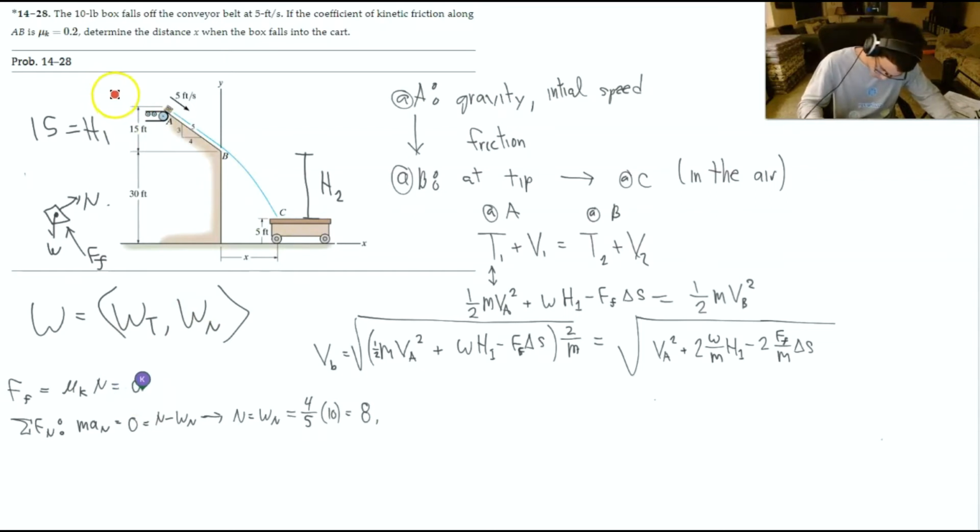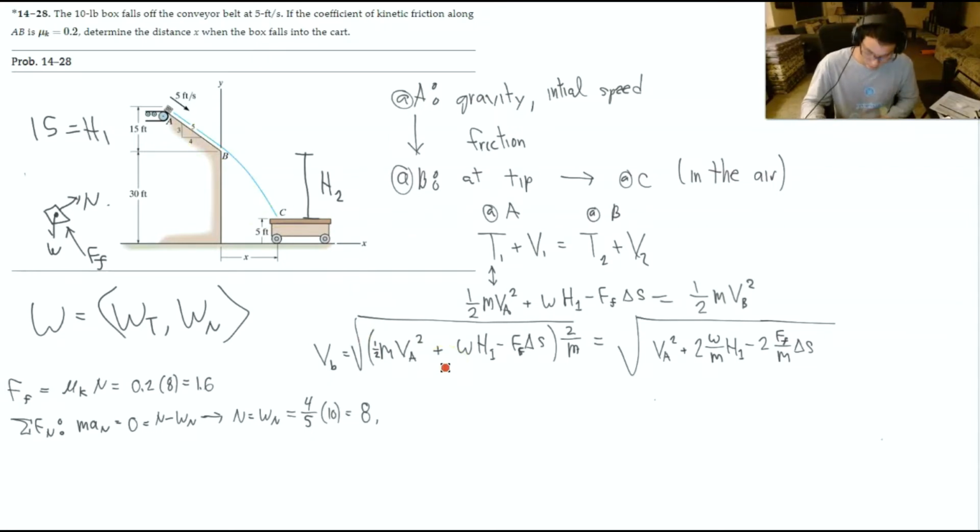So 0.2 times 8. Well, that's going to be 1.6, right? Yeah. We have 1.6 pounds of weight. I mean, 1.6 pounds. Pounds is the unit for imperial. So this is our friction, right? This is coming and stopping us from going as fast as we can.